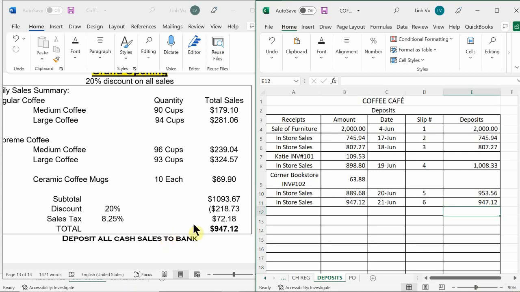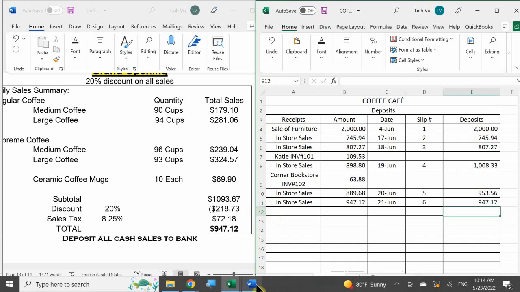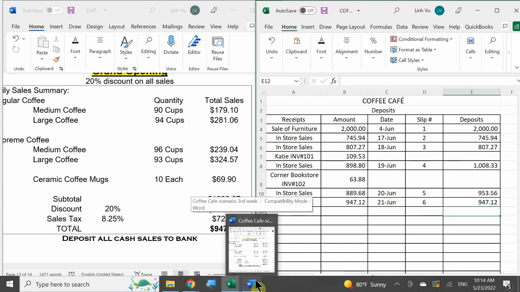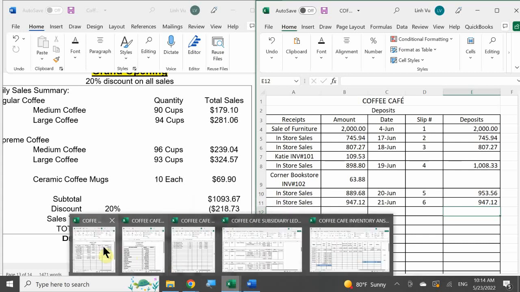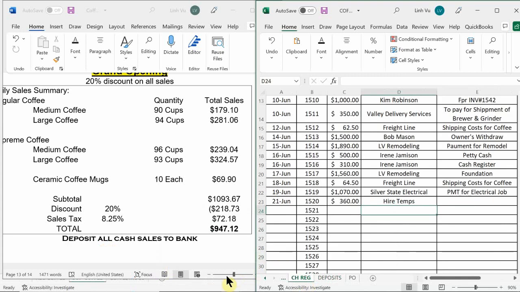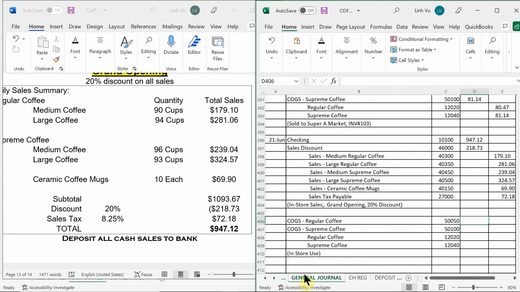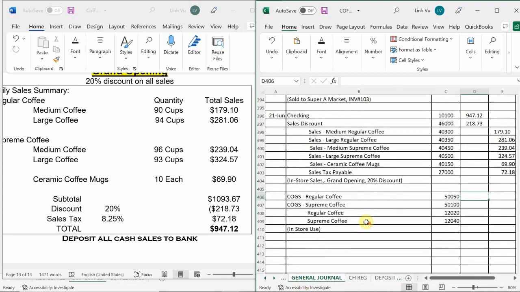And then let's see what happened next. So now I need to go to my ledger to update all my accounts because I just received money to put into my checking account.